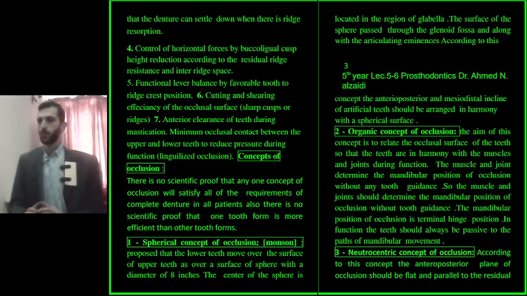The center of the sphere is located in the region of glabella. The surface of the sphere passed through the glenoid fossa and along the articulating eminences. According to this concept, the anteroposterior and mediolateral inclines of artificial teeth should be arranged in harmony with a spherical surface.